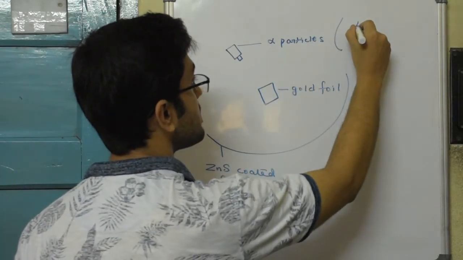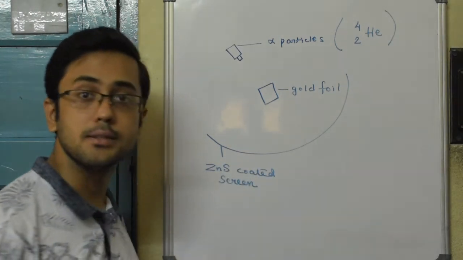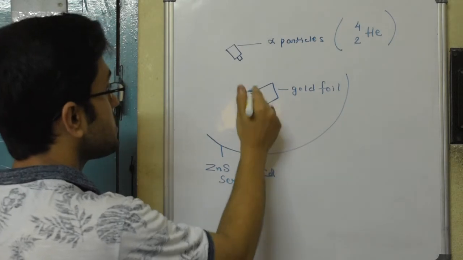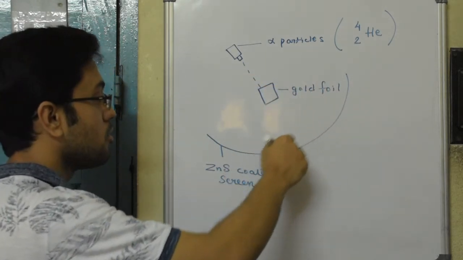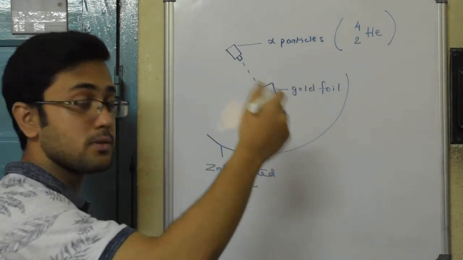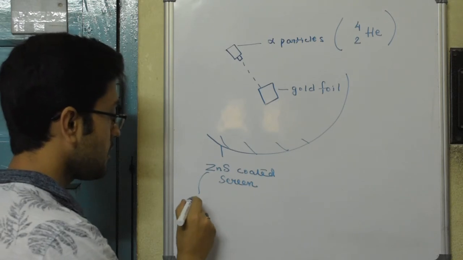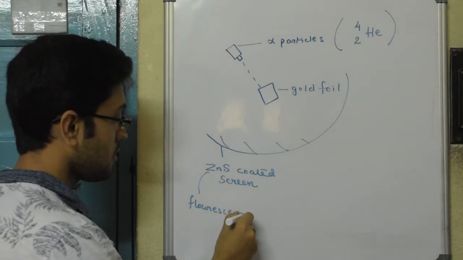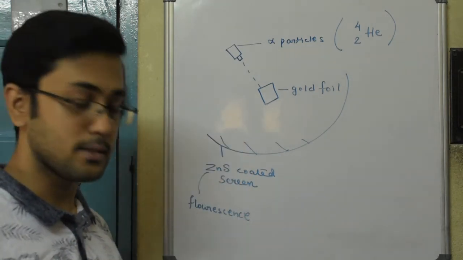Alpha particles are basically helium nuclei, helium atoms from which the 2 electrons have been removed. And there was a gold foil towards which these particles were aimed, and behind the gold foil there was a screen which was coated from inside with zinc sulfide. Zinc sulfide is a material that produces fluorescence when any particle hits it.